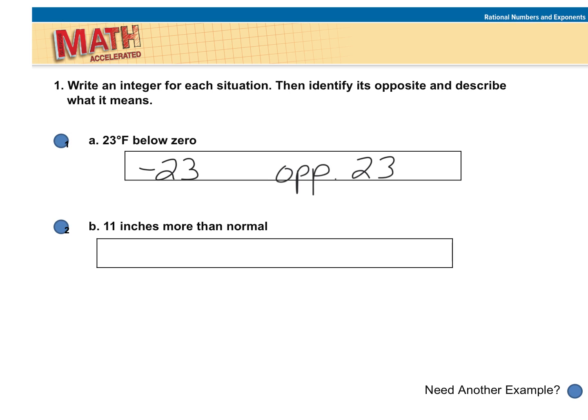Next one, 11 inches more than normal. What integer should that be? Positive 11. What's its opposite, McKinley? -11. Good.